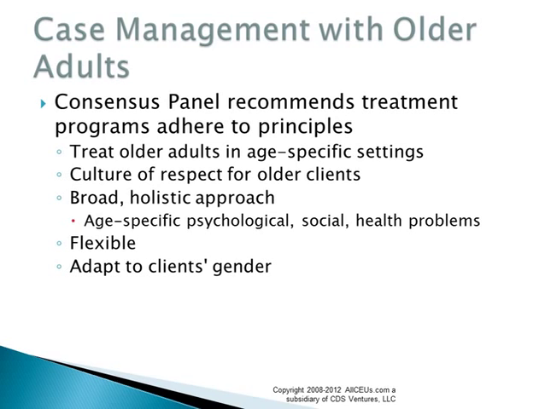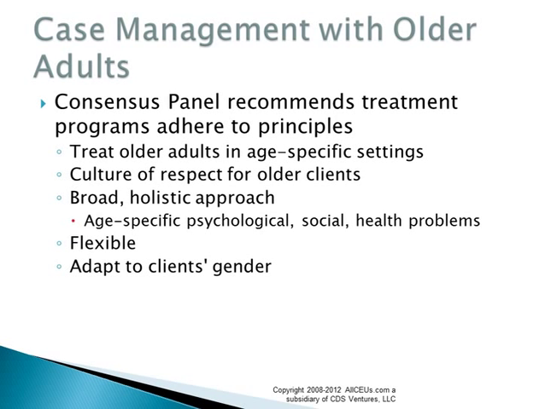The consensus panel recommends that treatment programs adhere to the following principles. Older adults need to be treated in age-specific settings when possible. Culturally, older adults tend to be different than younger adults. They have different psychodynamic needs. They have different feelings about what should be expressed and what shouldn't. And they're just going to tend to be more comfortable among their own peers.